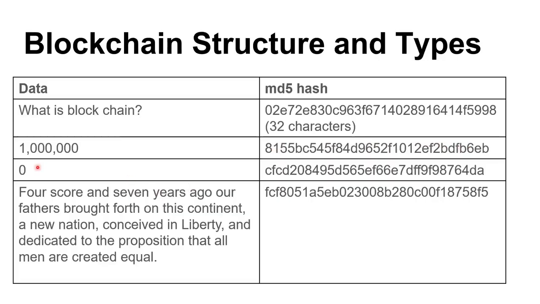We can see it here. A 0 hashes also to 32 characters, and this paragraph also hashes to 32 characters. So this is the MD5 hash. Different hash algorithms will have different outputs, but they all follow the same rules: they take an input and create an output of fixed length.